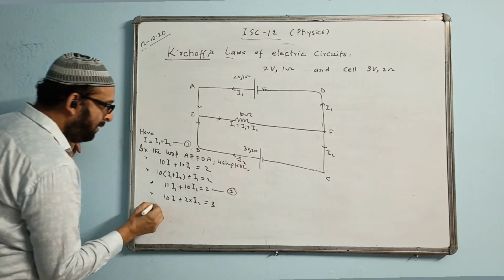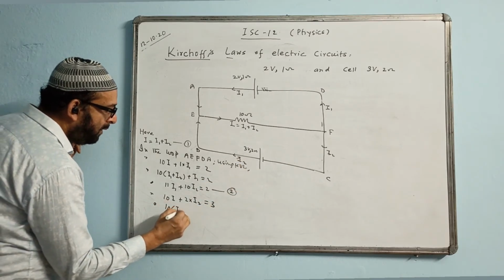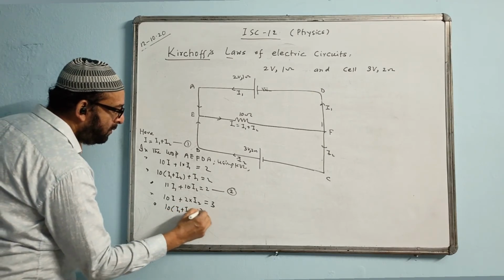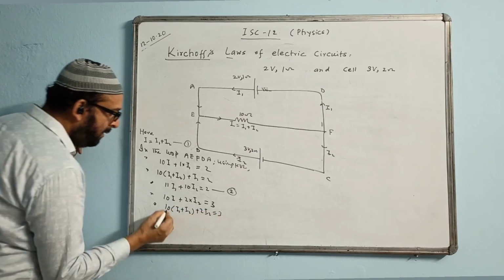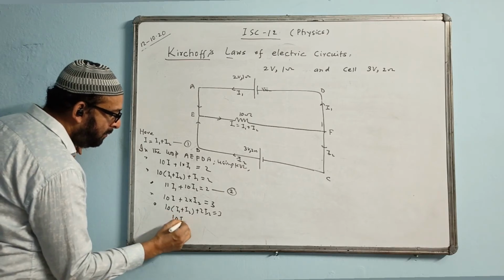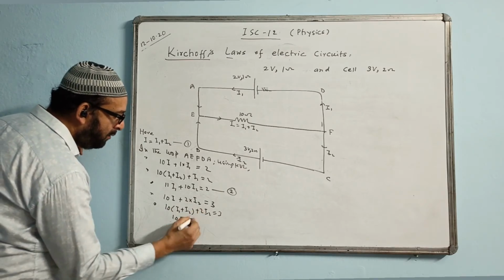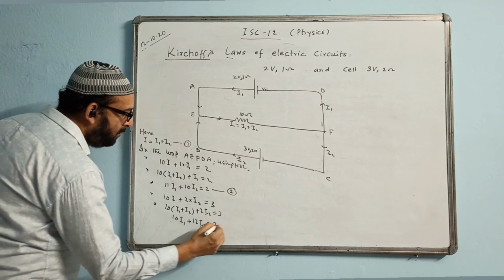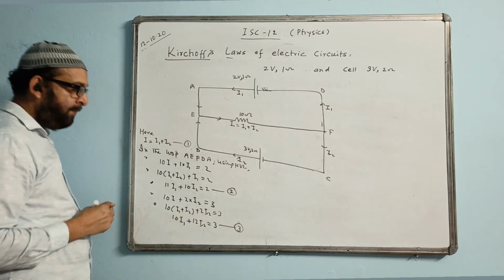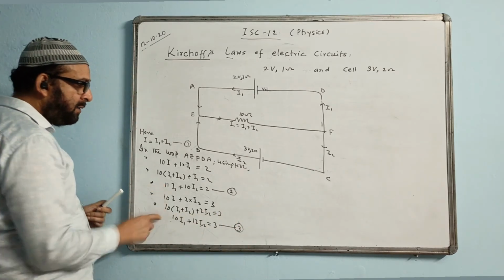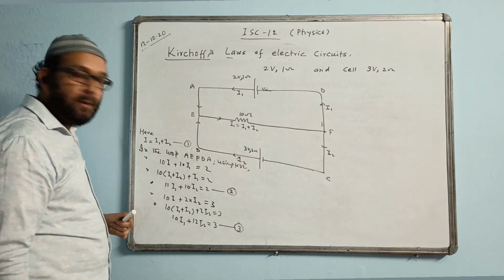So 10 times I1 plus I2, plus 2 I2 is equal to 3. 10 I1 plus 10 I2 plus 2 I2, 12 I2, is equal to 3. Equation number 3. We'll solve these two equations simultaneously and find the value of I1 and I2.